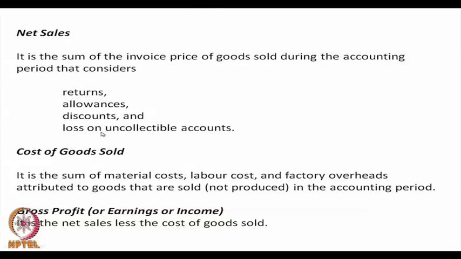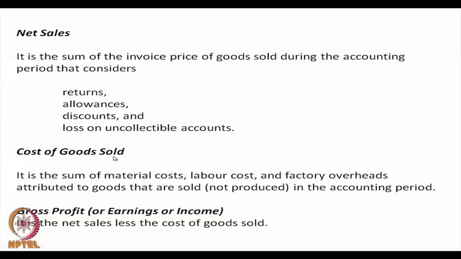Invoice means whenever certain items are sold, a pro forma invoice is also sent to the customer that says this is the unit price and this is the amount sold. If there are discounts, returns, allowances or bad debt, they have to be subtracted from the gross sales to find out net sales.